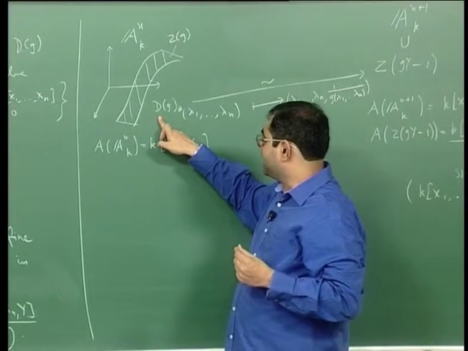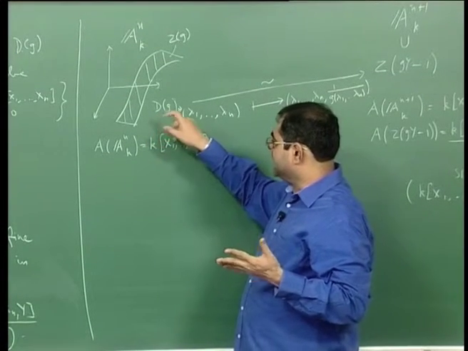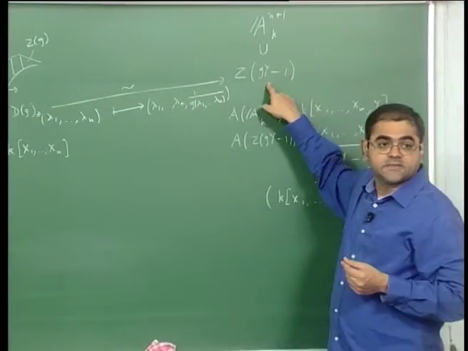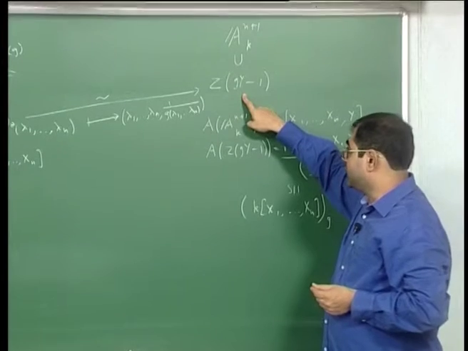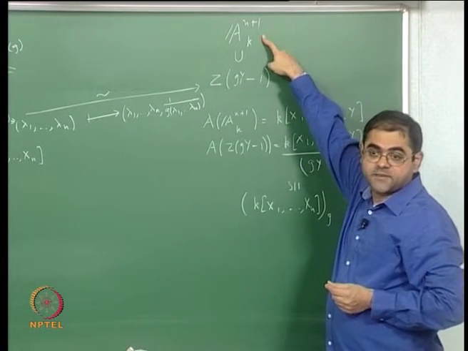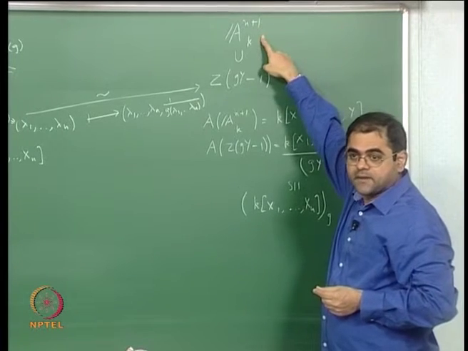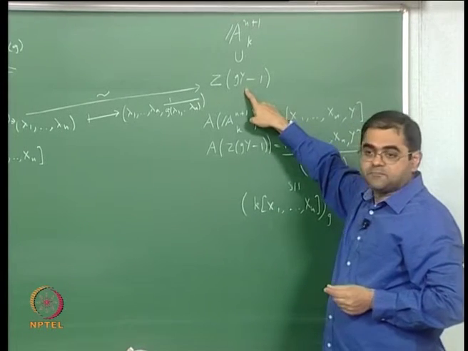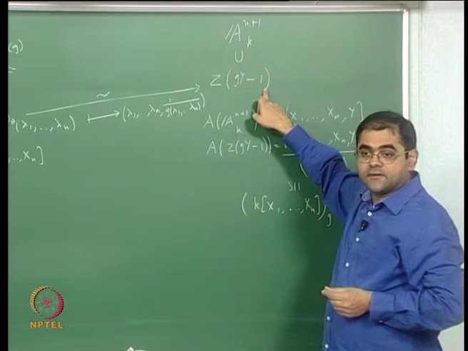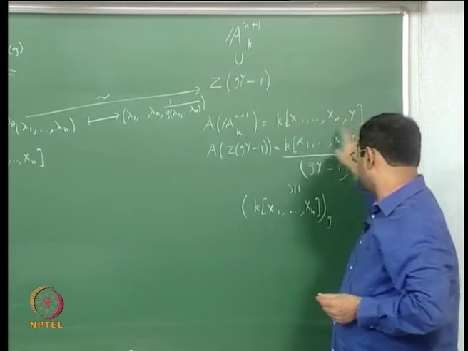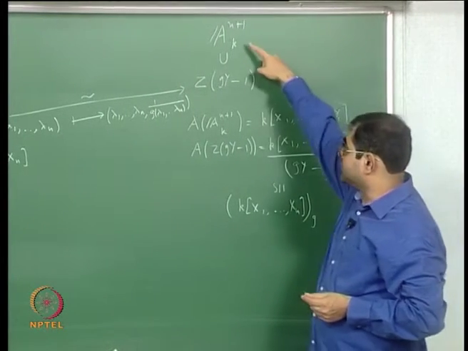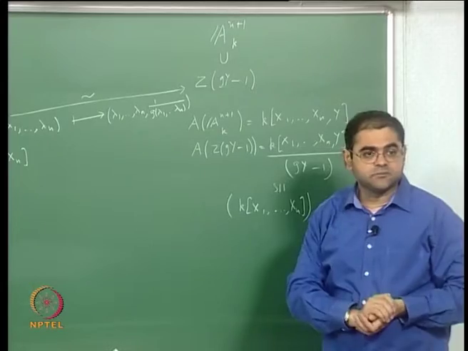And this Dg can be thought of as a closed subvariety of an irreducible closed subset of a larger affine space, namely an affine space of dimension one more, and that is done in the following way. You look at the zero set of gy minus 1, where y is the extra variable that you add, to get the ring of functions on this affine space of one dimension more.